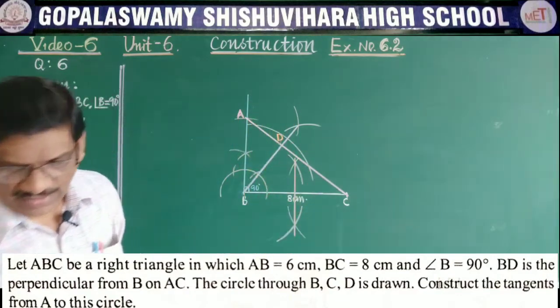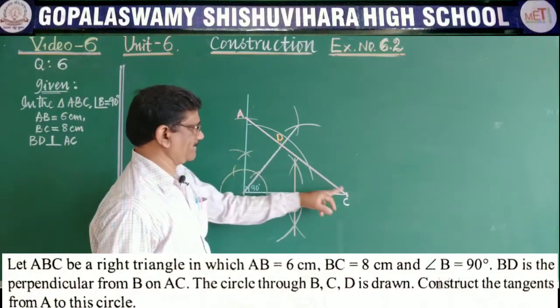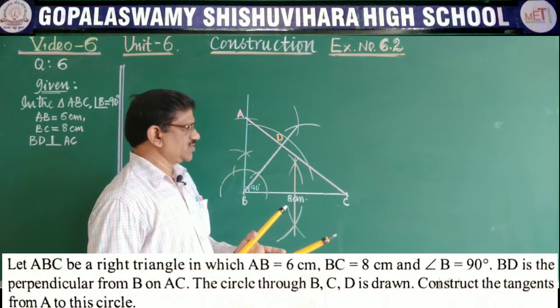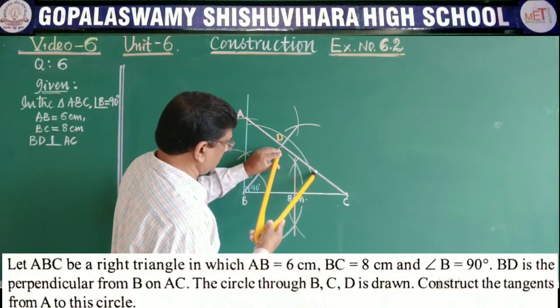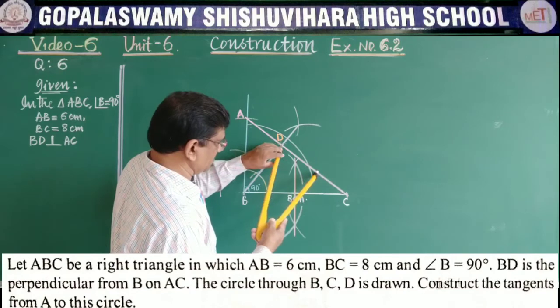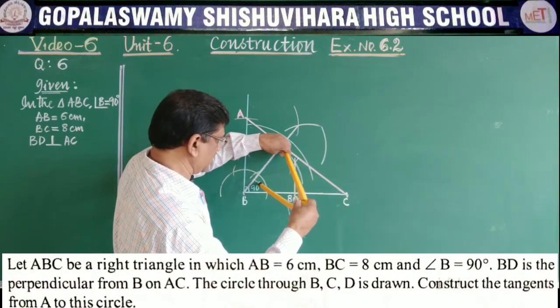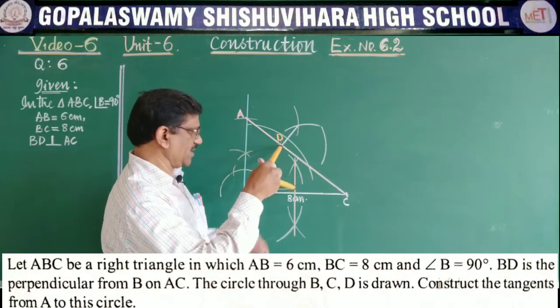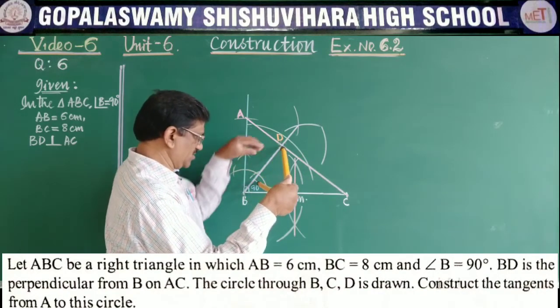Next, now I am considering the side DC. So for that, taking more than half of DC with D as a center, drawing arcs on either side of DC. With D as a center, I have drawn two arcs. Okay.